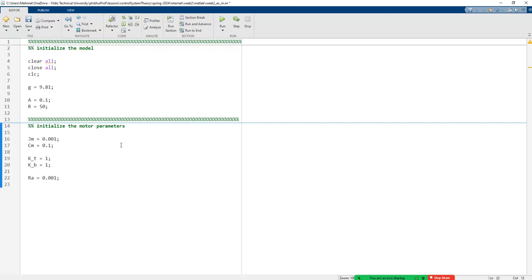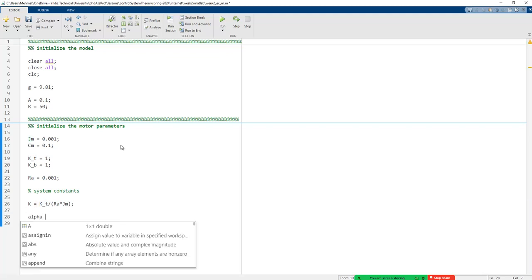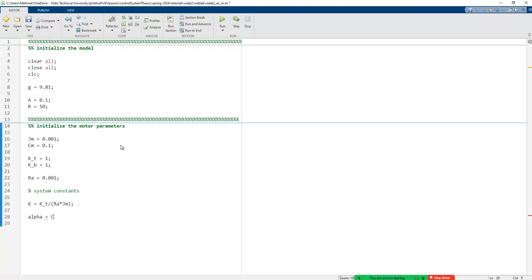Our system constants can be assigned: K is equal to Kt divided by Ra times Jm. Also the alpha value can be given by Cm, using the underscore here for the comment.